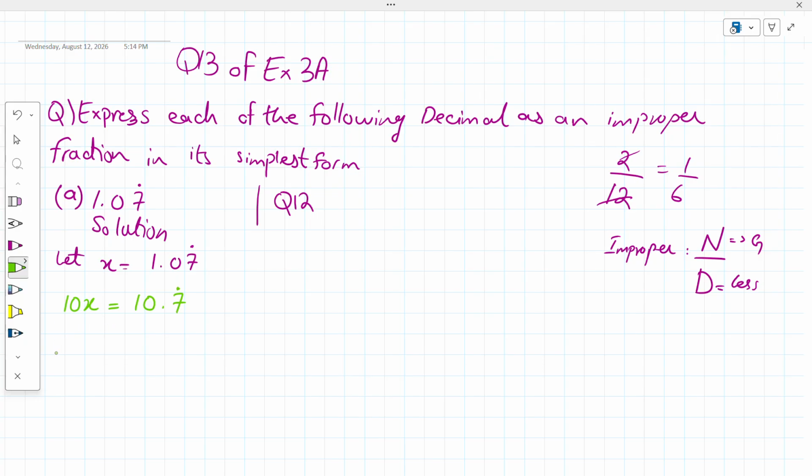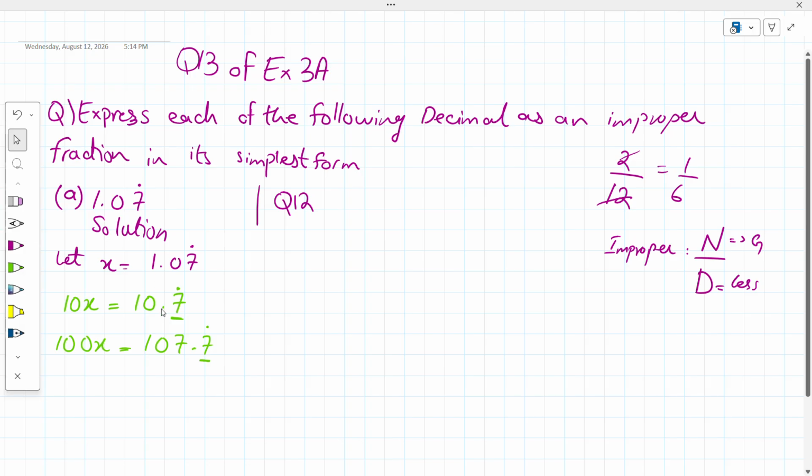Again we are going to multiply, so it will be 100x equals 107.7 recurring. So we see the common recurring part in this and in this. It means these two equations are to be subtracted.